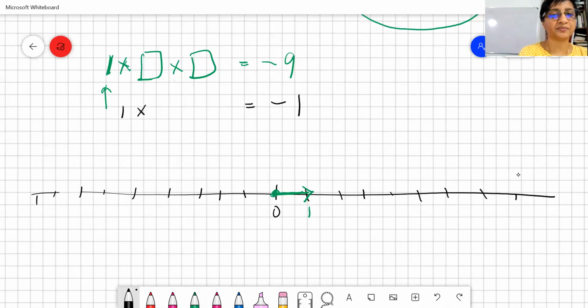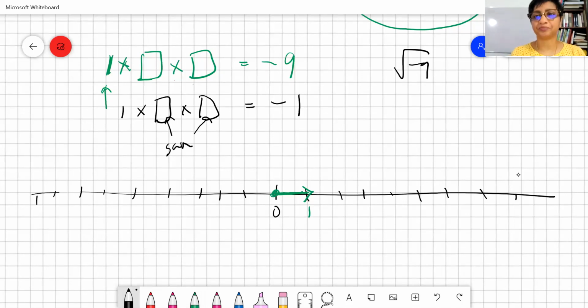Yeah, let's think about negative 1. 1 times what number gives you negative 1? 3 times minus 3. These two numbers have to be the same. Now we are thinking of minus 9. We got to think of that. This number has to be the same. It's a square root. Square root of a number means you get it.